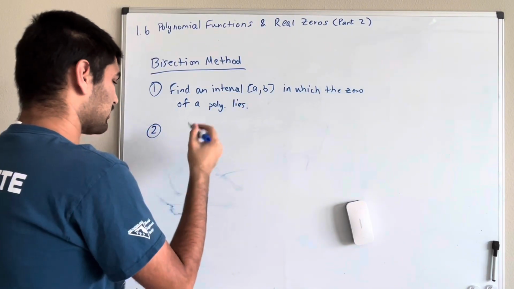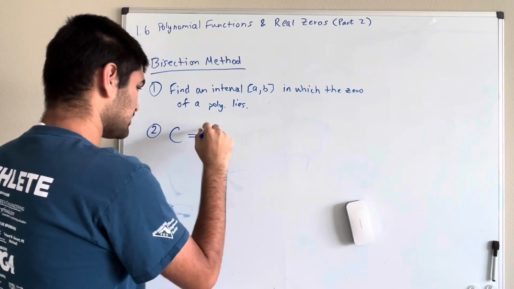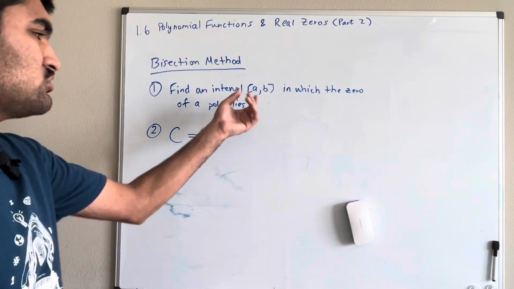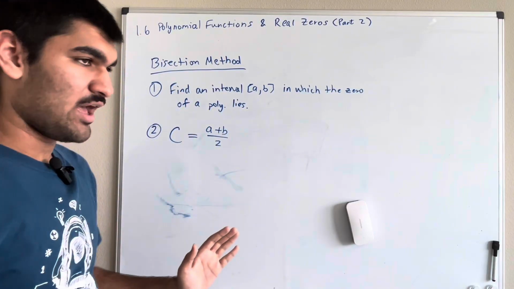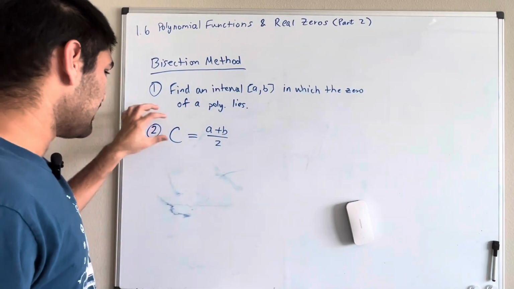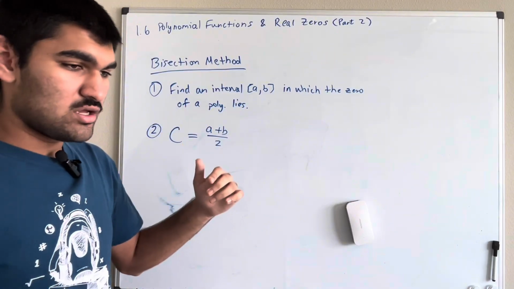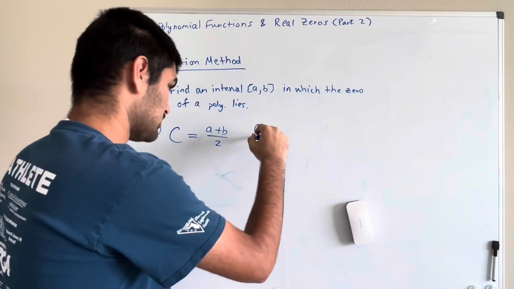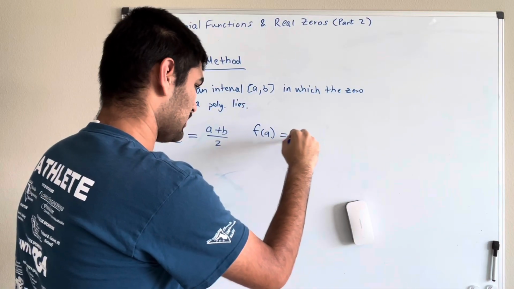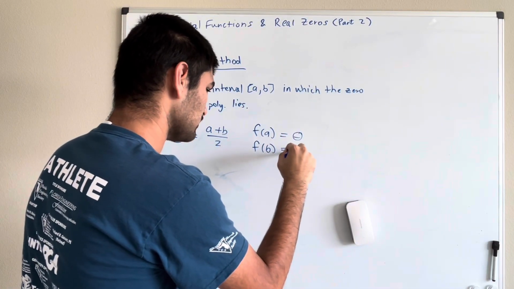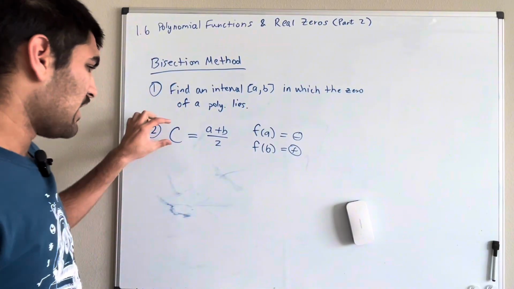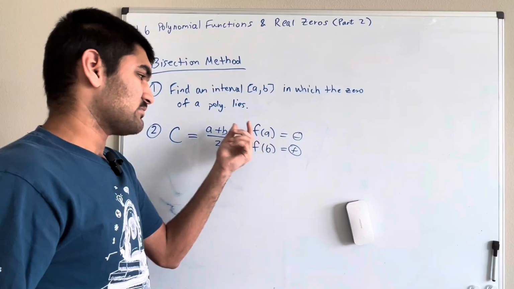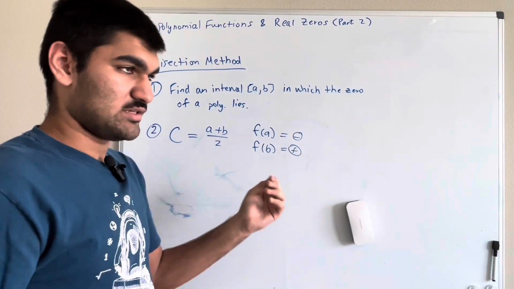The second step is the formula c equals a plus b over 2. Once you have that interval, you split it in half and then find f of c. Let's say f of a is negative and f of b is positive. If f of c is positive as well, then the zero lies between a and c, so we've shortened the interval from a to c.